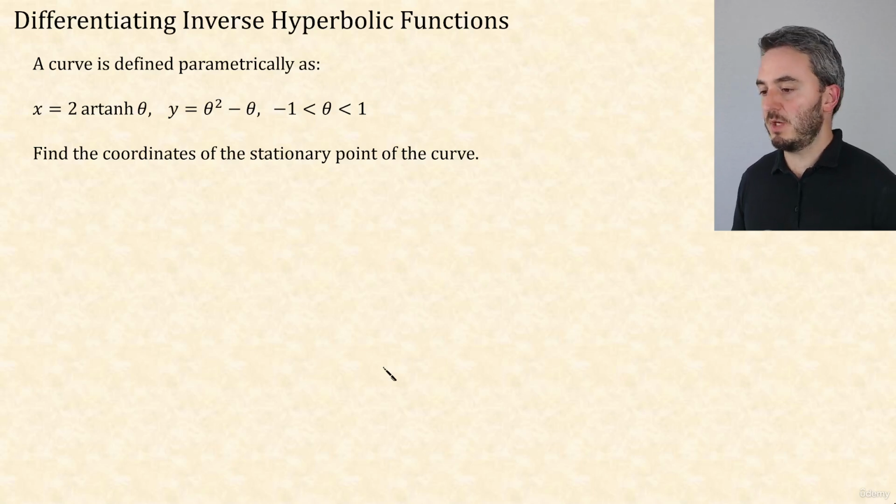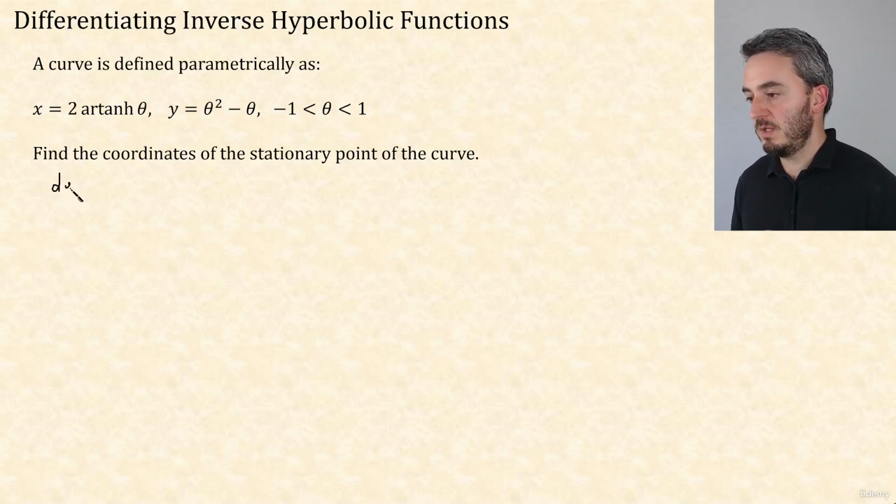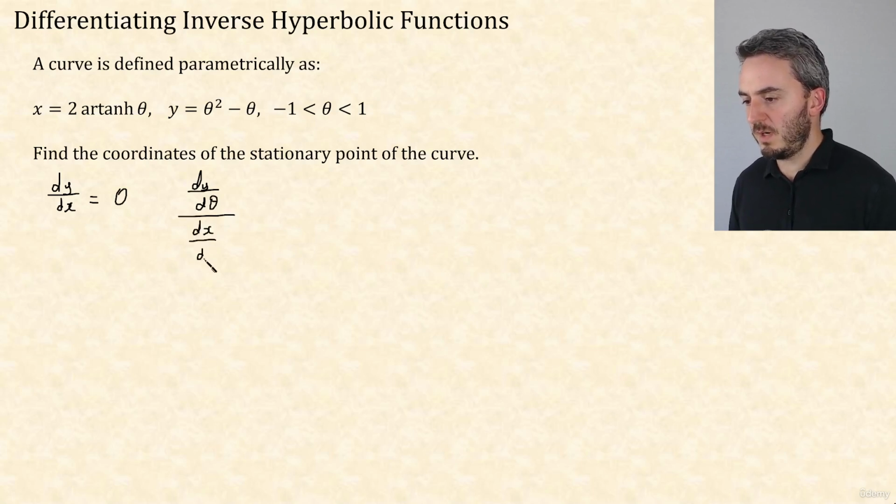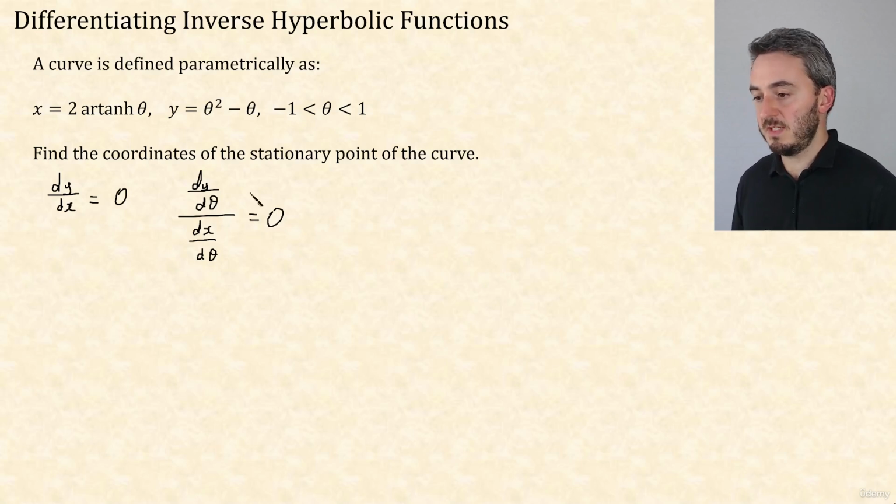Now, the stationary point, recall, with parametric equations is where dy by dx is 0, but dy by dx is dy by d theta over dx by d theta. So if that's 0, it does imply that dy by d theta is 0 as well.